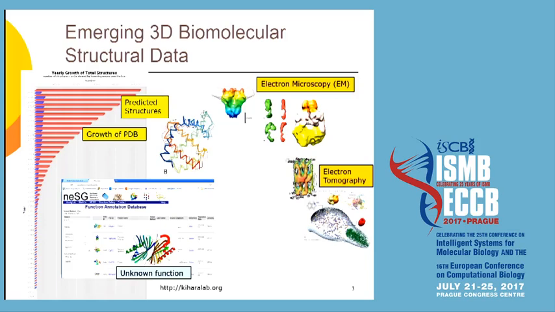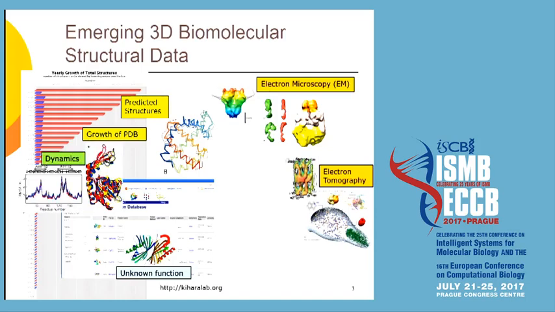Also, as we see in some of the talks this morning, now it is possible to predict lots of protein structures. But the predicted structures have errors in them. So we may want to consider handling the predicted structures slightly differently from the crystal structures of PDBe.